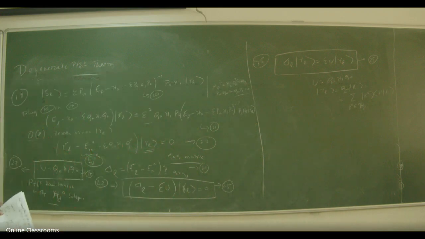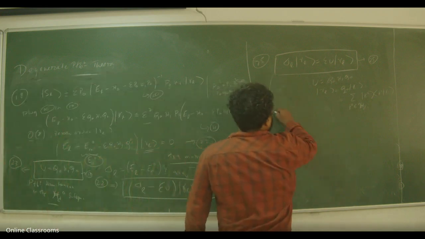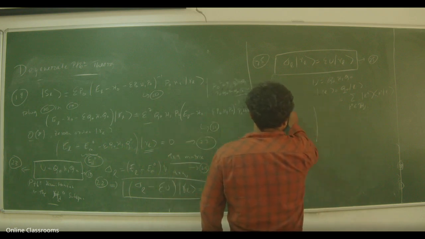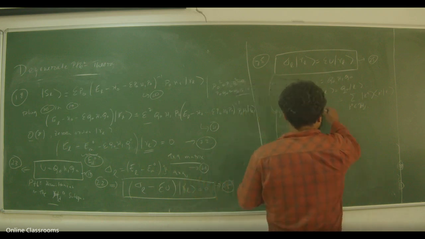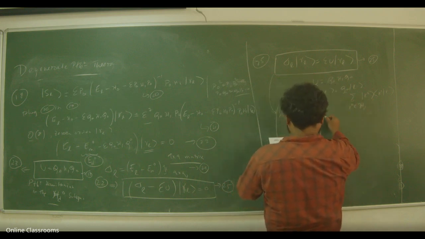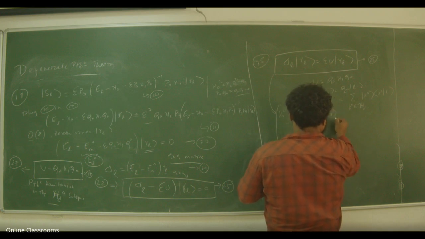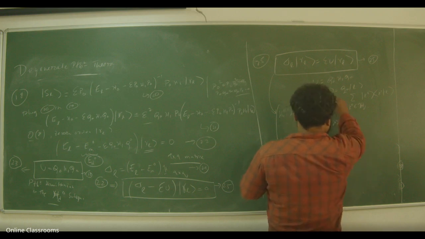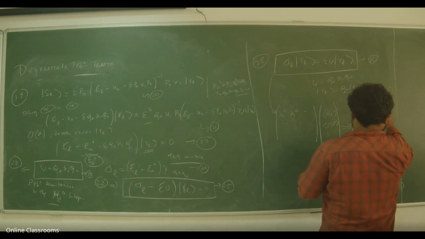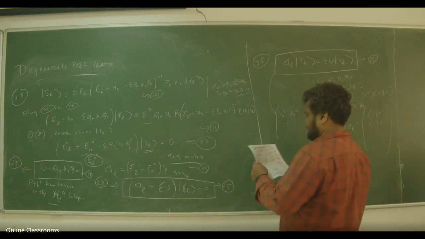So up to order epsilon, this equation looks like this. You calculate this term, that is H11, H12, and so on. And this thing is basically the inner products, 1 naught L naught, 2 naught L naught, and so on.